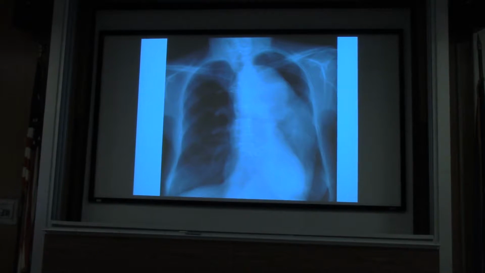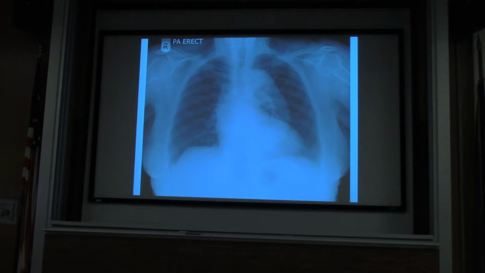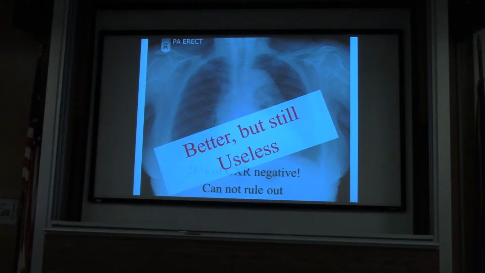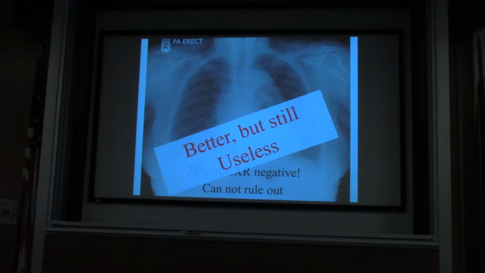This is the aorta all the way down. Good? Or this one, the same thing, right? When you see something like this, you would think more about dissection. But it's missed in 28% of dissections. Chest X-ray is negative, so it cannot rule out. So better than the two before, but still useless, right?